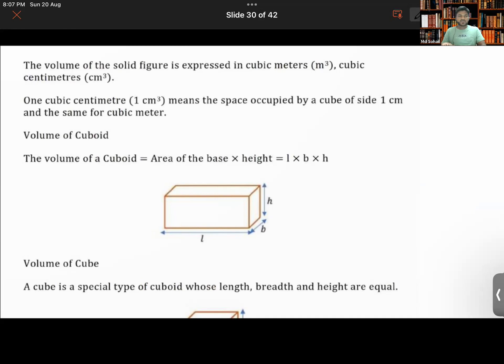I'm about to start discussing the volume of the 3D figures. Hello. Yes, guys. Arham, you're here. Am I audible, sir? Yeah, you are audible now, Arhan.